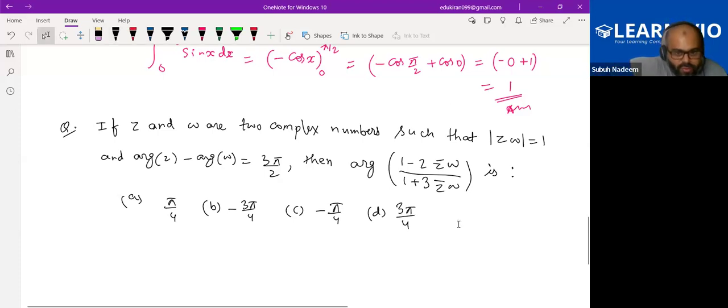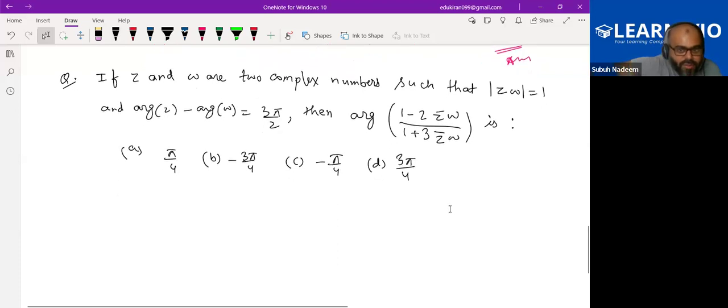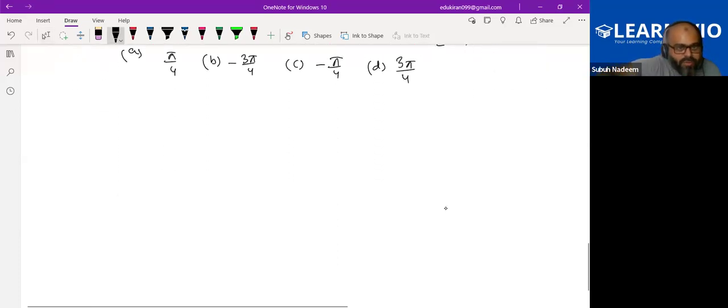So let us have a small revision of argument and modulus, then we will come to this question.